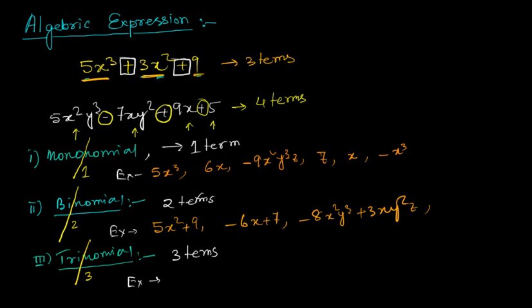The examples you can choose are any algebraic expression having three terms. Say simply x plus y plus z. You can say 6 plus x plus y. You can say x cubed plus y cubed plus z cubed. All of them have three terms in it. So these are trinomials.